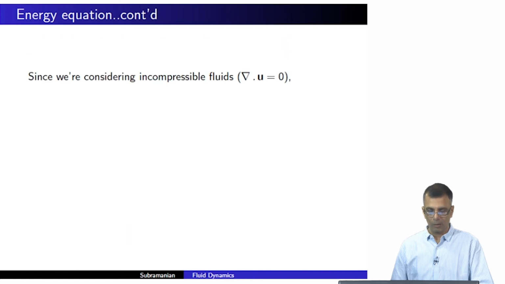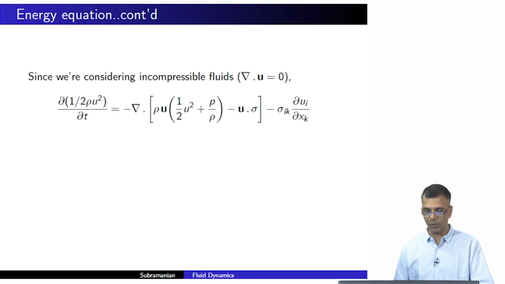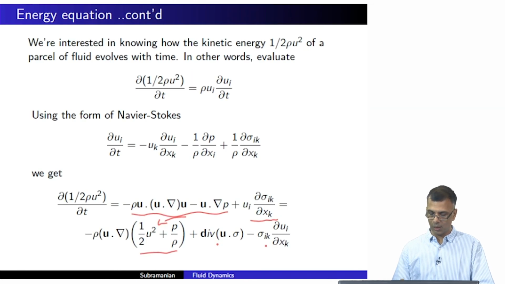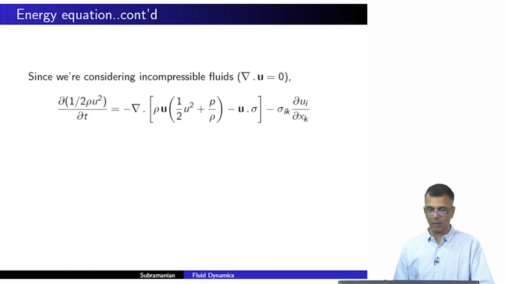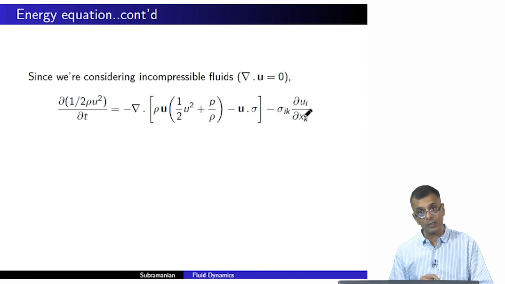Now we specialize to incompressible fluids. Divergence of u is 0, and that simplifies this term a little bit, and it becomes like this.